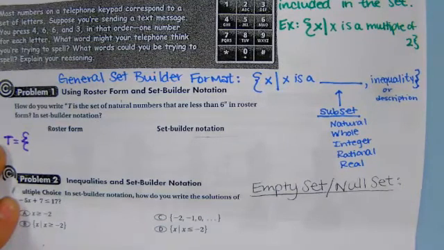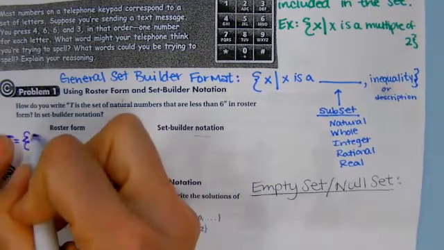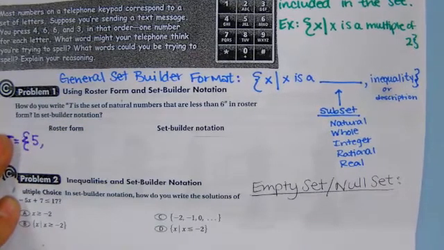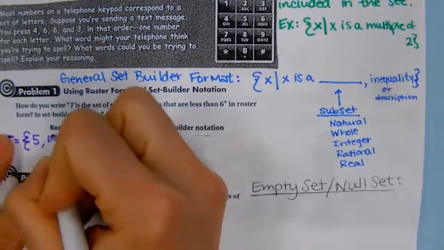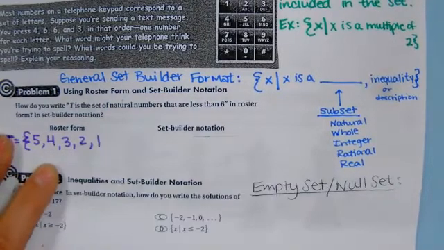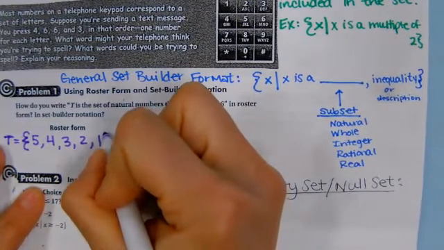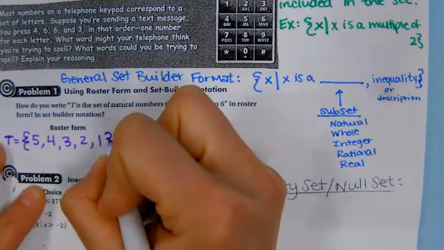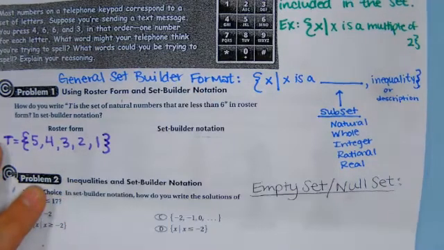The first one less than 6. 5, right? What's the next natural number less than 6? 3, 2, 1. Is 0 included? It's not, because it's not a natural number, right? And then you end the bracket. So now you do a backward C, sideways V, backward C. That's the bracket.